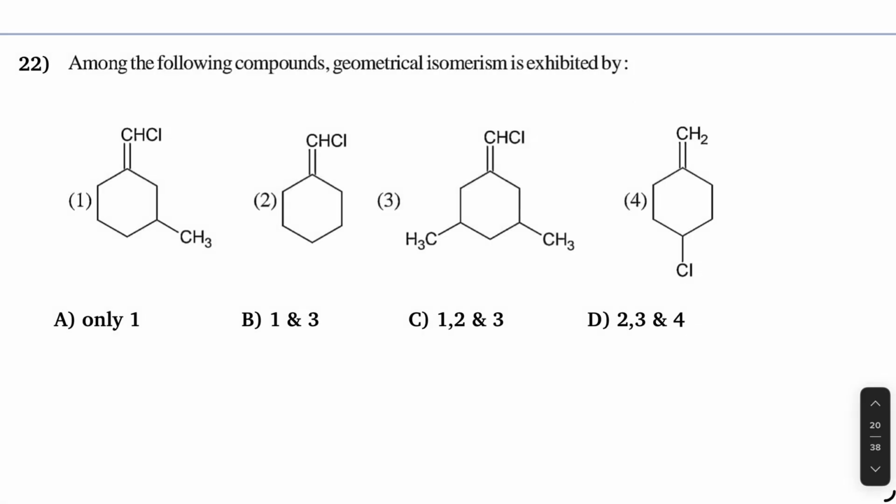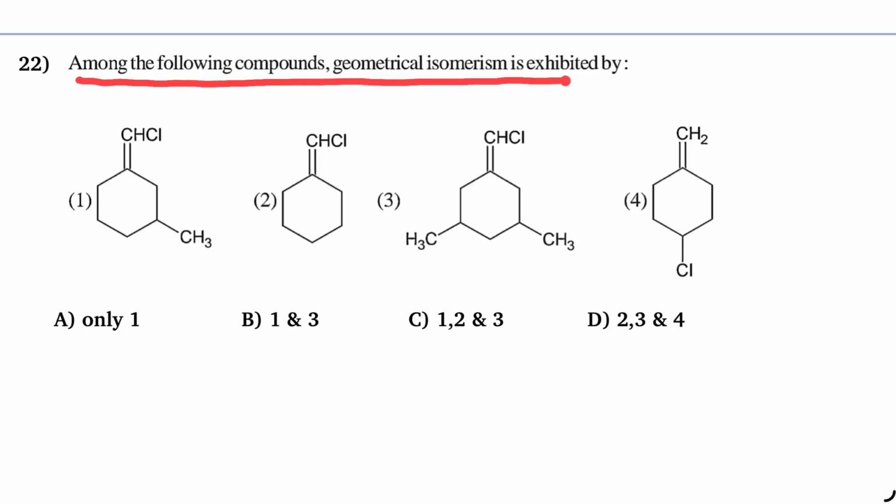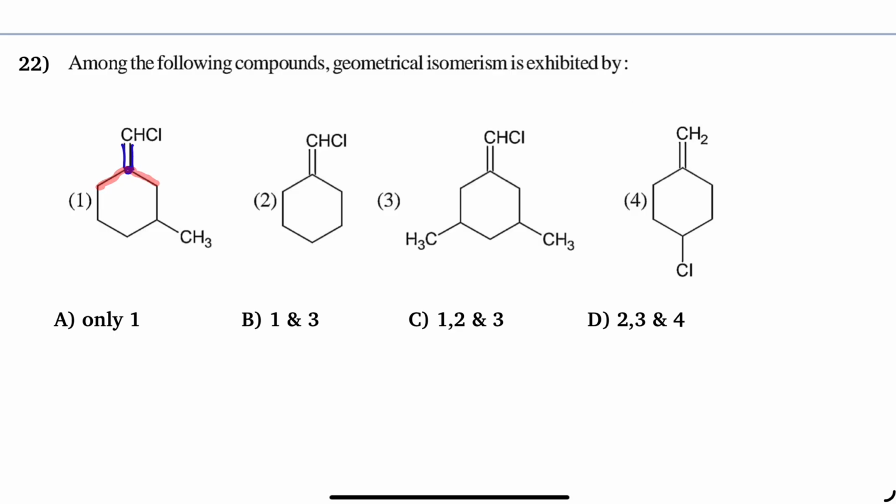In the next question, among the following compounds, geometrical isomerism is shown by. Here you need to know the different geometrical centers. Let us observe all the options 1, 2, 3, 4. In this example, this double bond is a geometrical center because this carbon has hydrogen and chlorine. This carbon has these two groups which are different.